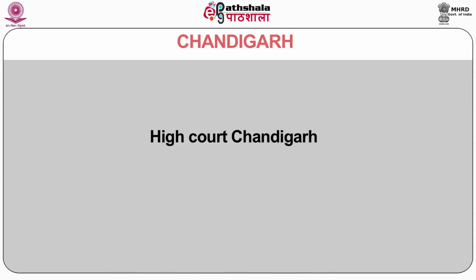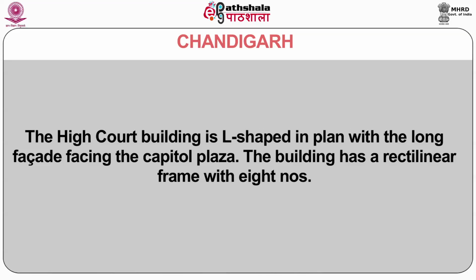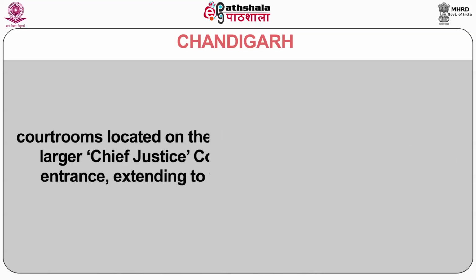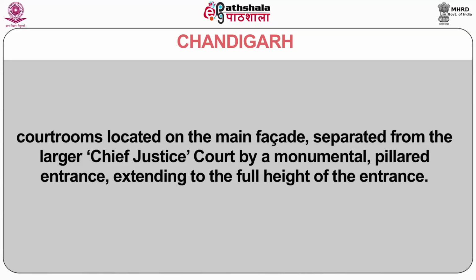The next is the High Court, Chandigarh. The High Court building is L-shaped in plan with a long facade facing the Capital Plaza. The building has a rectilinear frame with 8 courtrooms located on the main facade, separated from the larger Chief Justice Court by a monumental pillared entrance extending to the full height of the entrance.